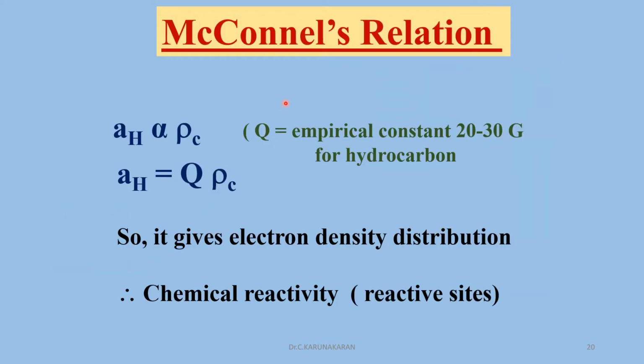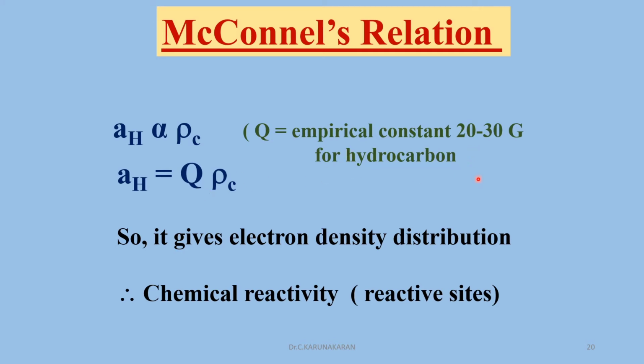Here, what is McConnell's relation? This gives the relationship between the hyperfine coupling constant and the unpaired electron spin density. If the unpaired electron spin density is larger, then the hyperfine coupling constant is larger. The unpaired electron couples with the proton. The hyperfine coupling constant is equal to Q rho C, where Q is an empirical proportionality constant.